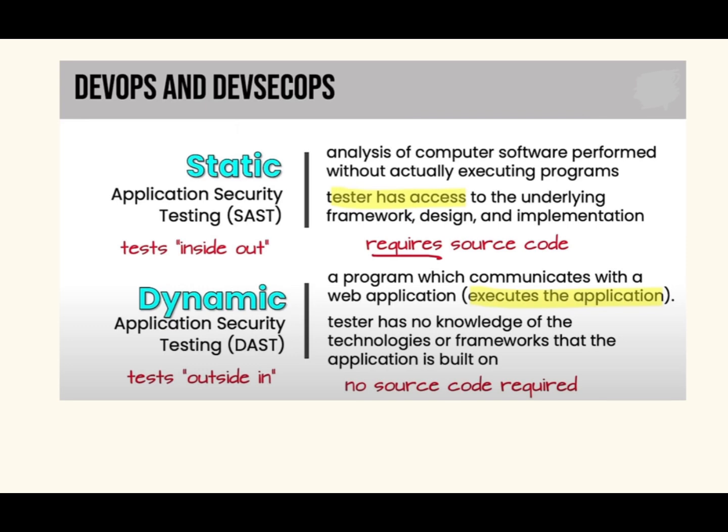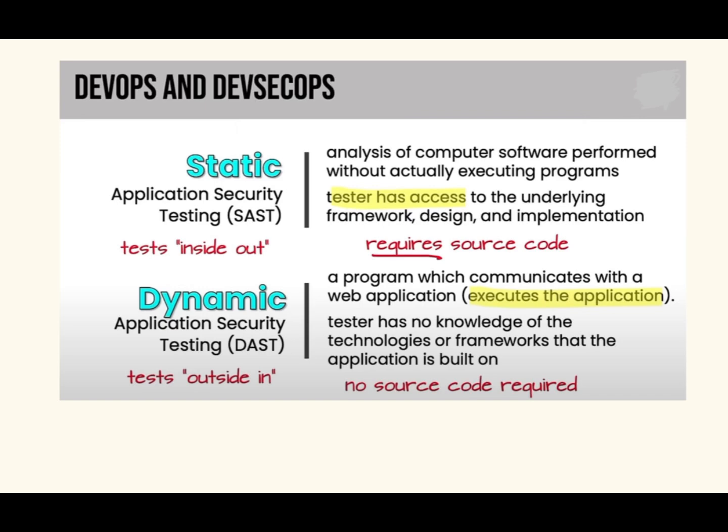It detects vulnerabilities early in development, for example, insecure coding. So it is the analysis of computer software performed without actually executing the program. The tester has access to the underlying framework, design, and implementation, and requires source code. So that test is called inside out.